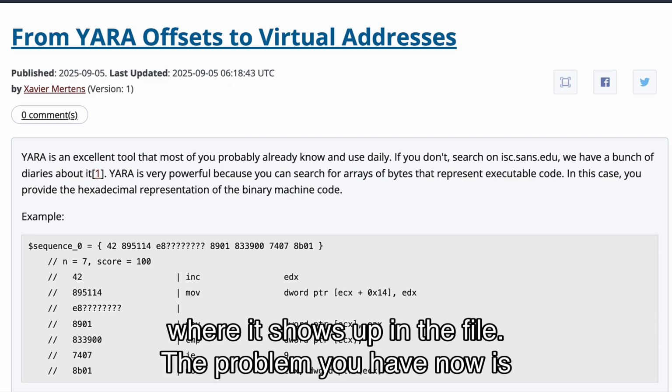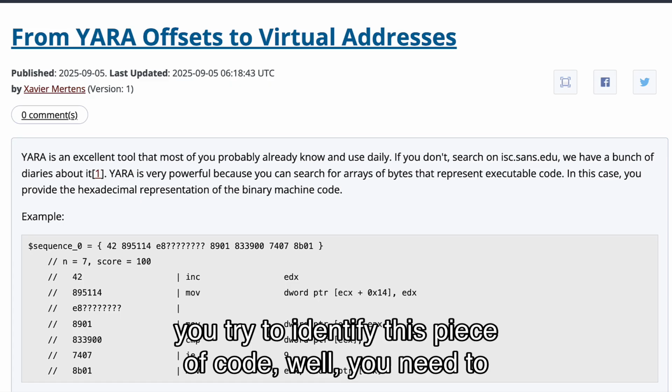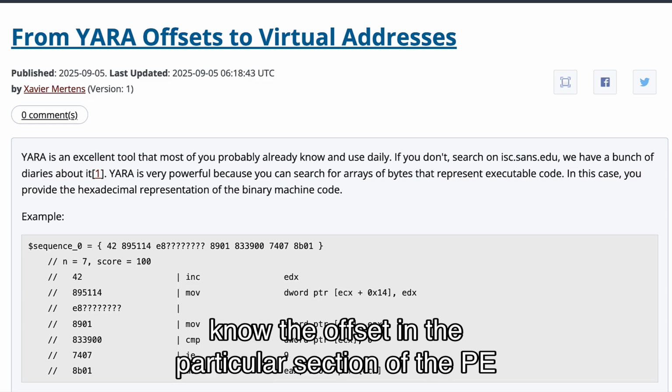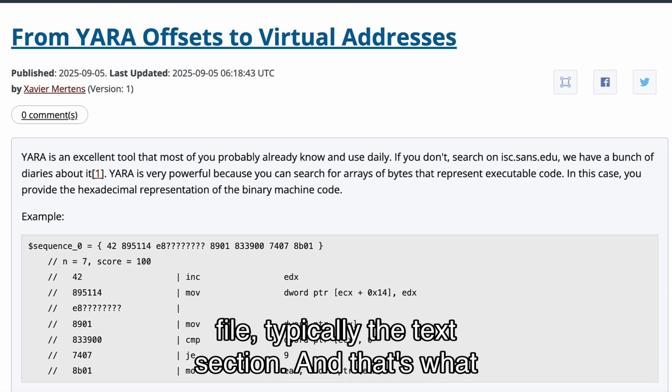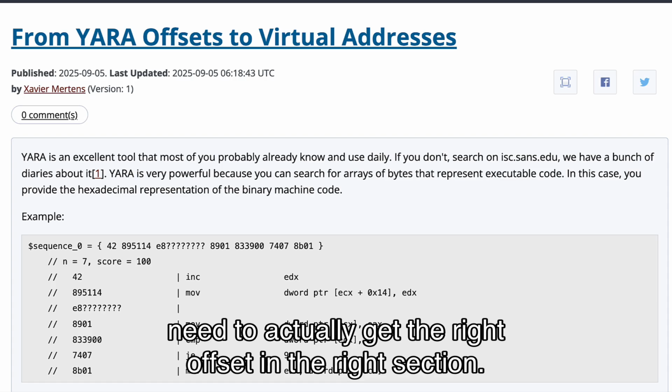The problem you have now is that as you, for example, run that code in a debugger, if you try to identify this piece of code, you need to know the offset in the particular section of the PE file, typically the text section. And that's what Xavier is explaining here, how to get all the numbers you need to actually get the right offset in the right section.